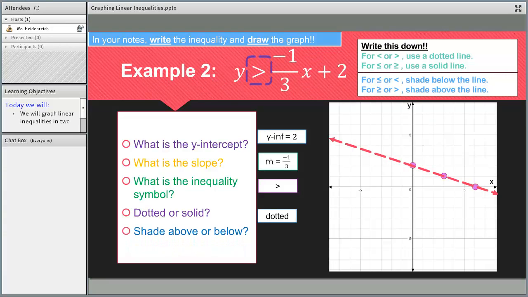And lastly, shading above or below. And we should be shading above the line. So point on your screen where you think I'm going to shade. We should be shading above the line. Okay, that's it. That's graphing an inequality in 2 variables.